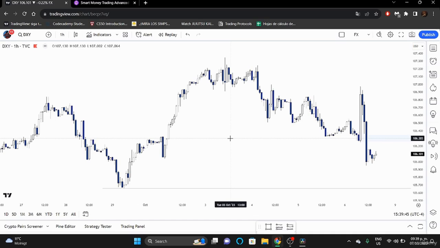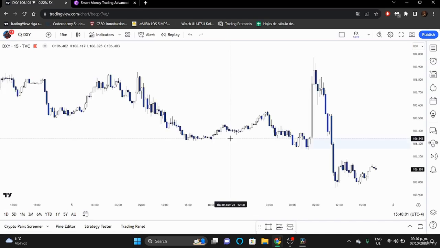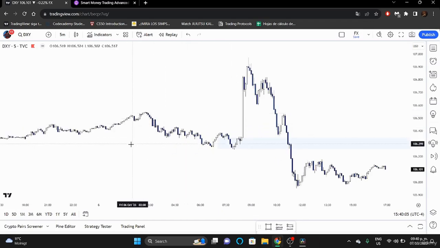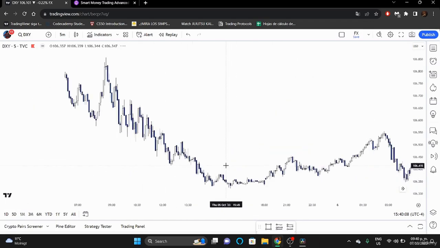I'm not really into inverse order blocks and inverse fair value gaps, but whenever you do not have any array, it's better to have these inversion places so you can determine where is likely. Also, what is their use in my experience? Their use in my experience is invalidations.